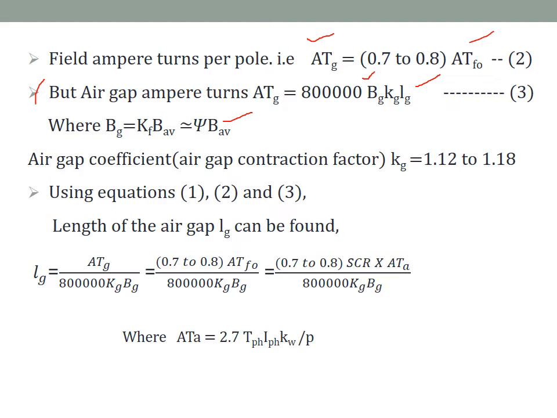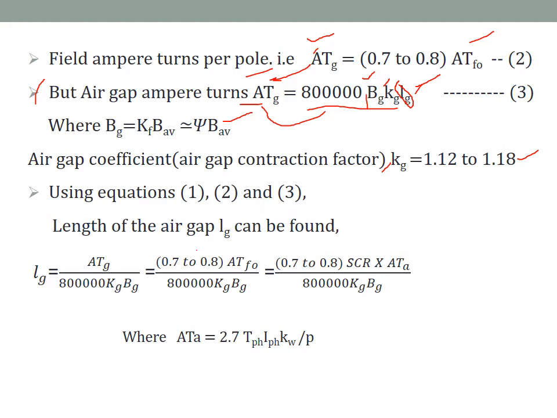This is the form factor. Now the air gap coefficient, or air gap contraction factor Kg, may be taken as 1.12 to 1.18. Now this you know, this ATG you have calculated using this equation. So BG you know, Kg you know, LG you can find out. Using equations 1, 2, 3, LG is found out: ATG divided by 800000 Kg BG.